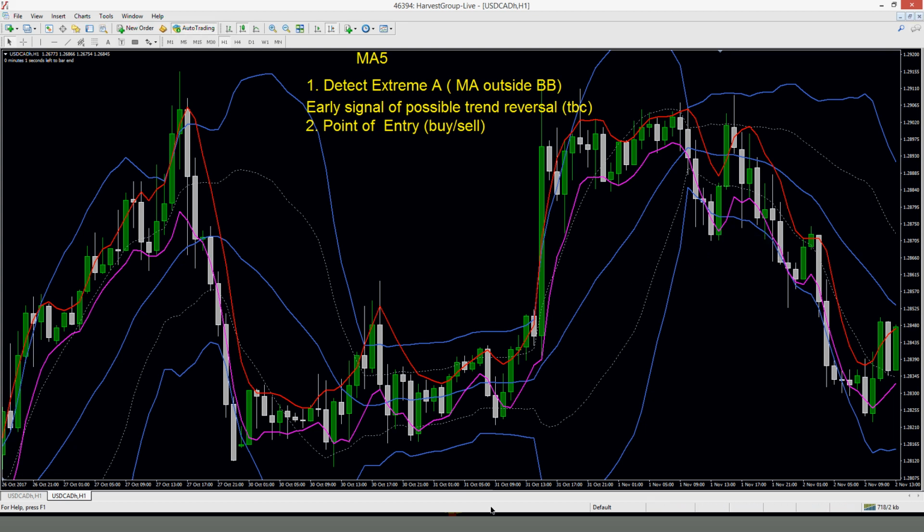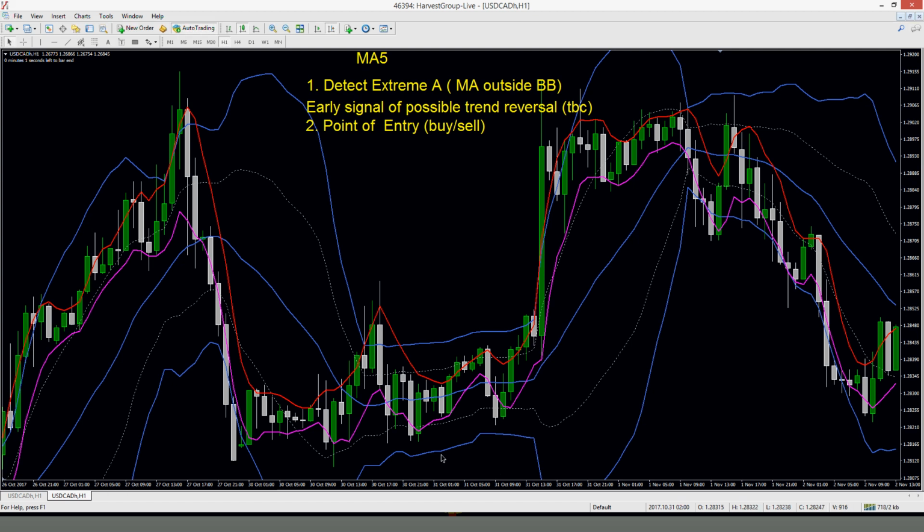Okay, so basically the function of MA5 is to detect extreme A, MA outside Bollinger Band, and extreme A is an early signal of a possible trend reversal, but it's not confirmed yet until you have an MHP. Okay, and the next function is obviously a point of entry, buy or sell.